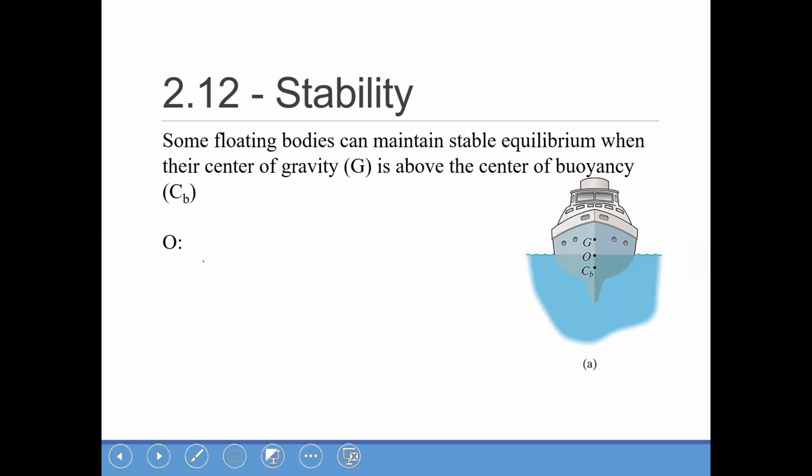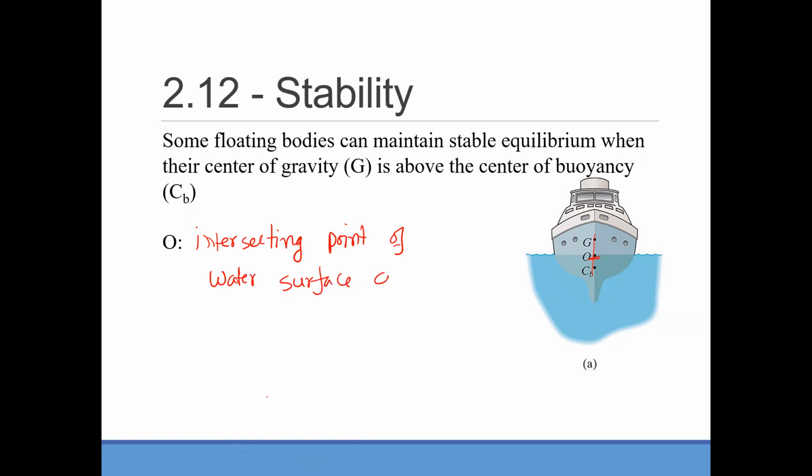O is the intersecting point of the water surface or fluid surface and the line connecting G and CB.